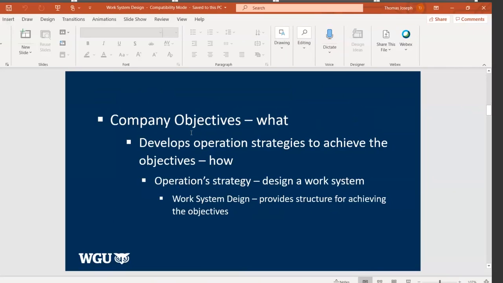As you study work system design, I want you to look back historically into the organization and not necessarily from where you are going forward. You have to be able to look at this concept in relation to how the company was established. How did I apply for a job and get this job?